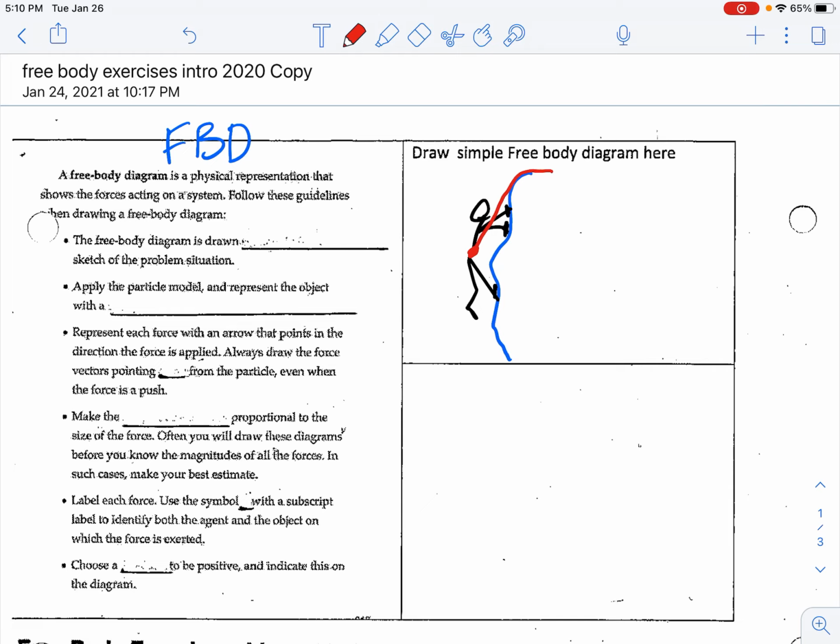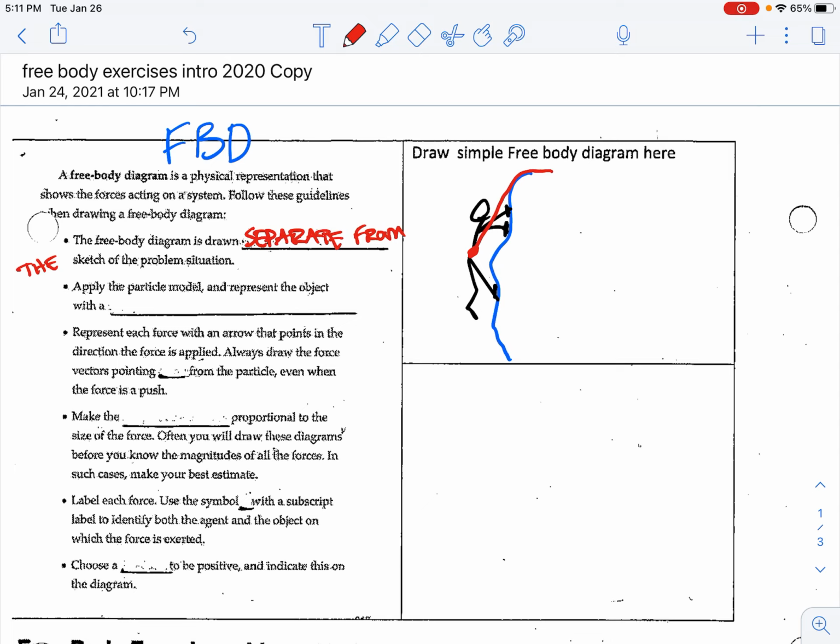When we're doing a free body diagram, what we want to do is make them clean and simple, and so we are going to practice separating the diagram from the picture that the diagram came from, so separate from the sketch of the situation.